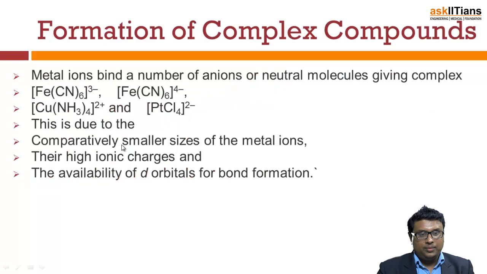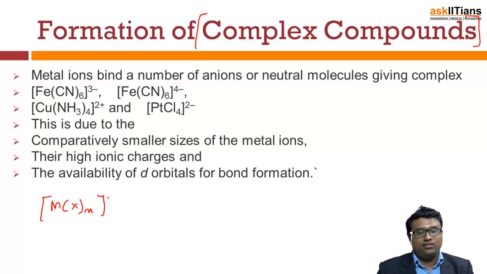Next important point, formation of complex compounds. This is again a very important property of transition elements, that transition elements form complex compounds. So what are complex compounds? Complex compounds are of this nature. You have a metal, that metal is surrounded by certain ligands, and there are n ligands.